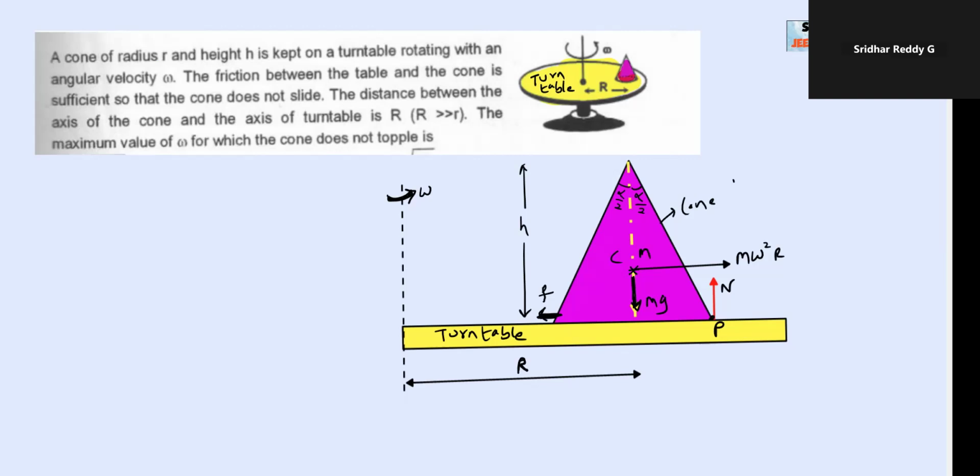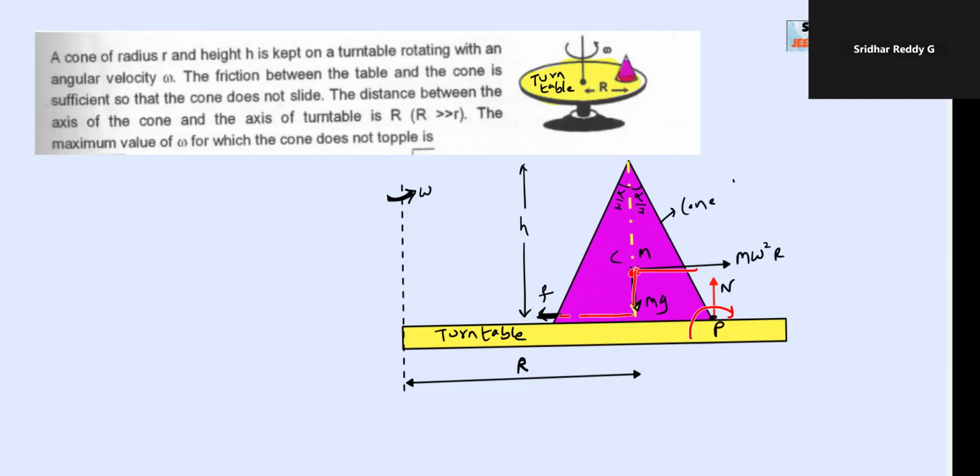Then why will the normal contact shift here? The cone has the ability to topple about P. How can we decide that? About the center of mass, the torque due to centrifugal force and mg will be zero.